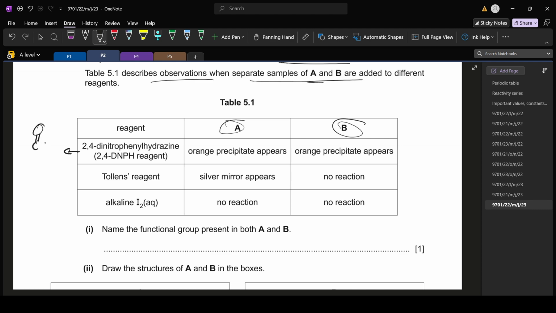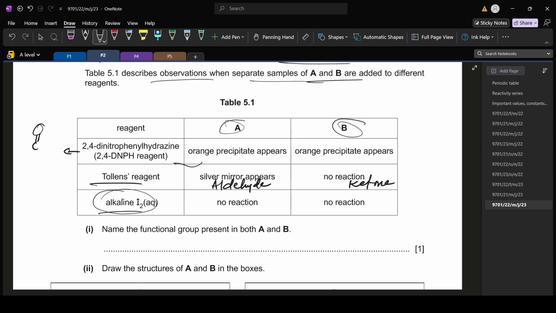Now Tollens' reagent is added: A produces a silver mirror, and B has no reaction. So there is an aldehyde in A, and B must be a ketone because it does not react with Tollens' reagent.